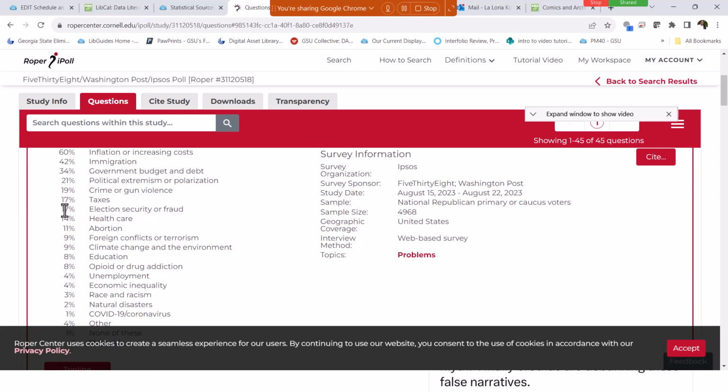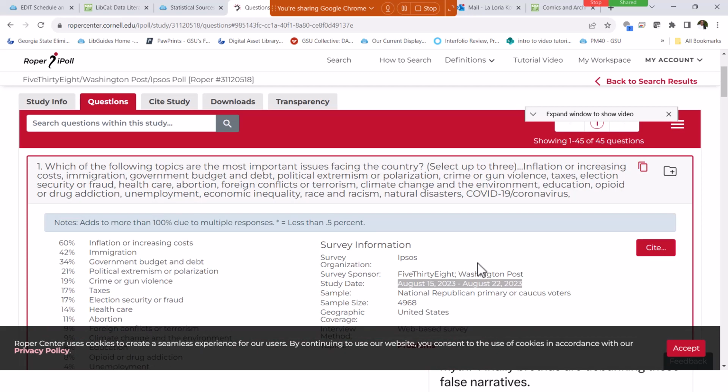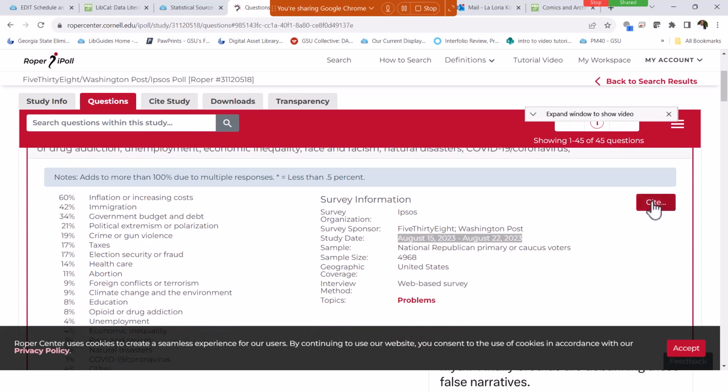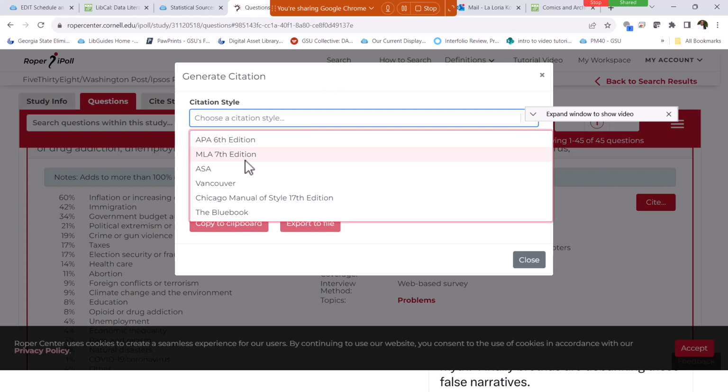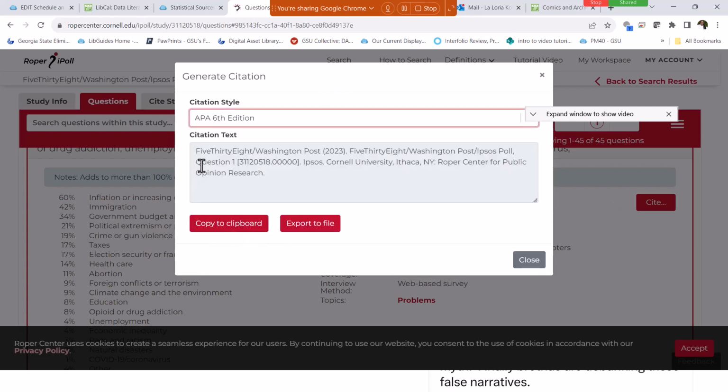That's not true. Only 17%. And this survey was done in August of this year. And it has the site here, so you can just copy and paste that into your paper.